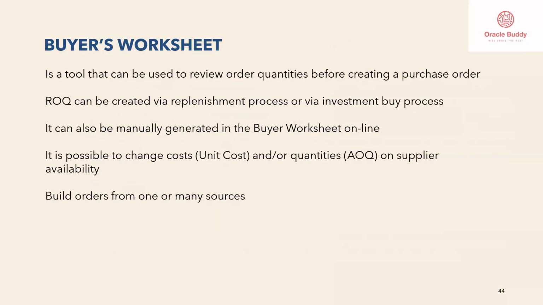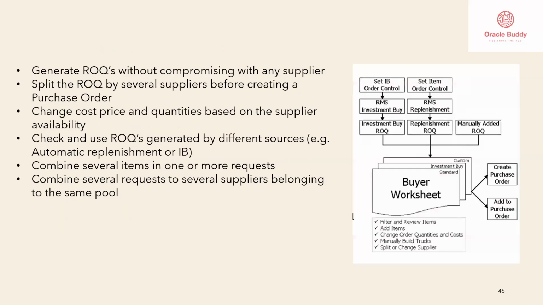Next, let's discuss the buyer worksheet. It is a tool that can be used to review order quantity before creating a purchase order. ROQ can be created by the replenishment process or via the investment buy process. It can also be manually generated in the buyer worksheet online. It is possible to change costs and quantities based on supplier availability, and build orders from one or many sources.